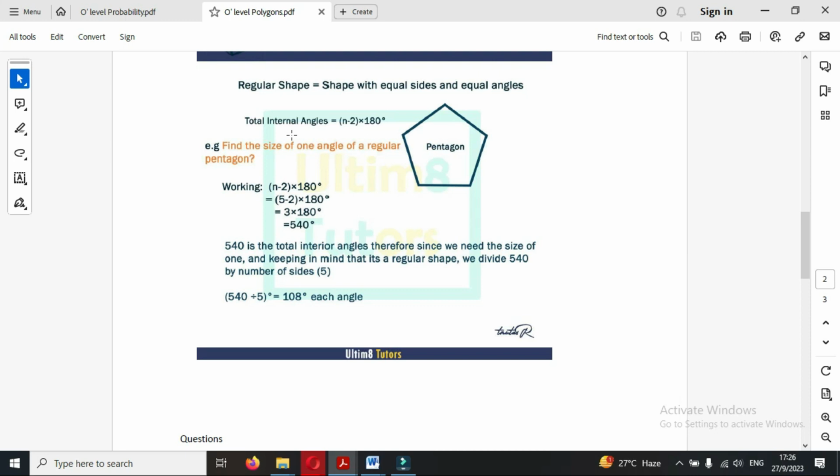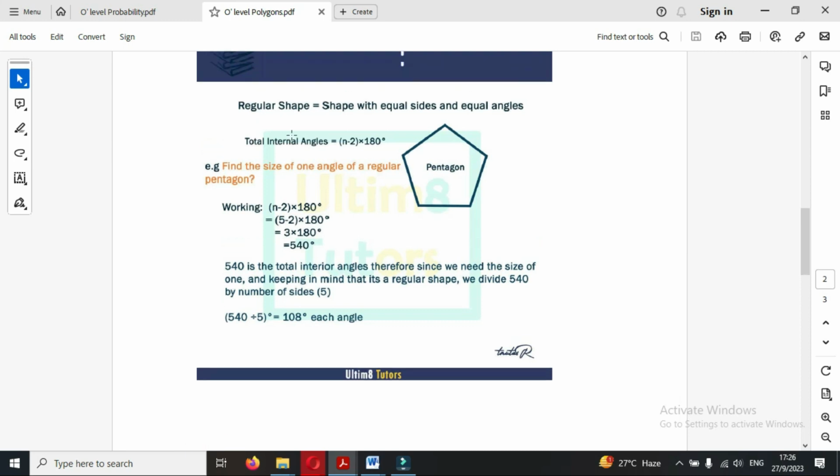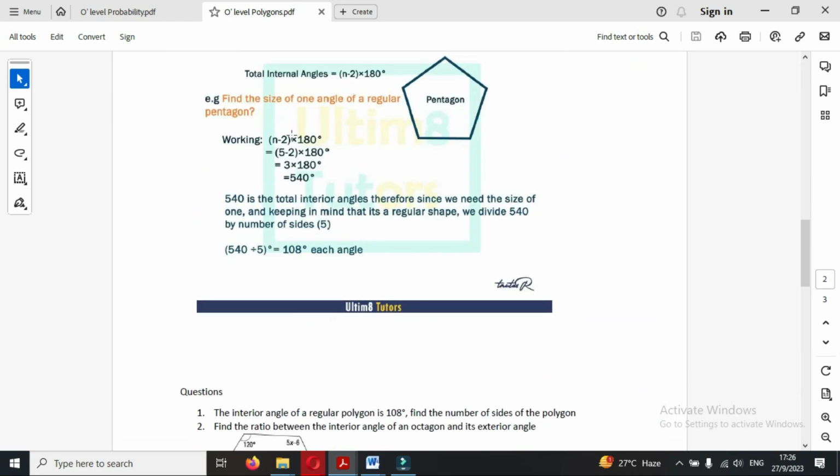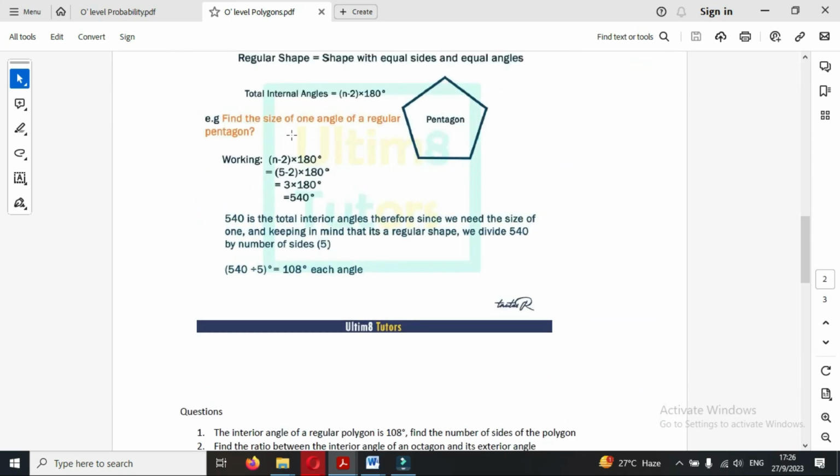So whatever shape it is, if you count the sides, let's say you have a shape with 8 sides, if you take away 2 from it, it means you can fit in 6 triangles in there. And for this shape, which is a pentagon, n minus 2, that's 5 minus 2, gives 3 triangles in there.